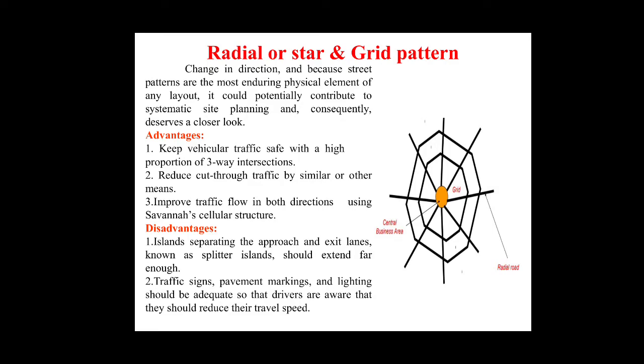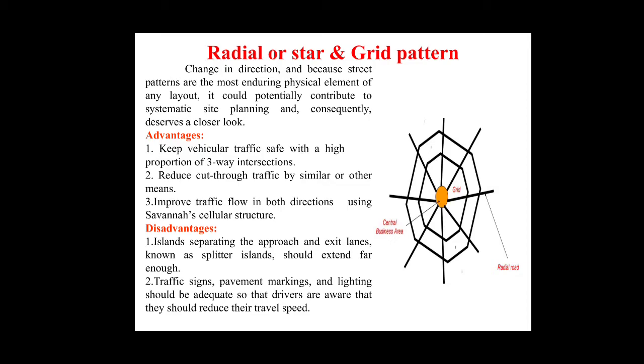The advantages of this system is that it keeps the vehicular traffic safe with the high proportion of three-way intersections, and it reduces the cut through traffic. It also improves the traffic flow in both directions.